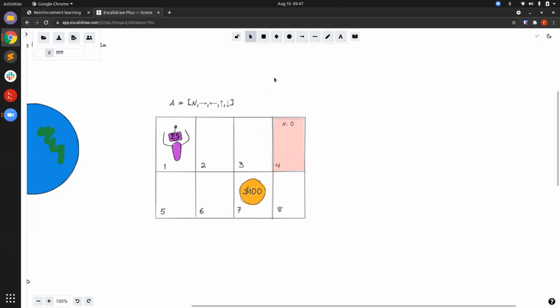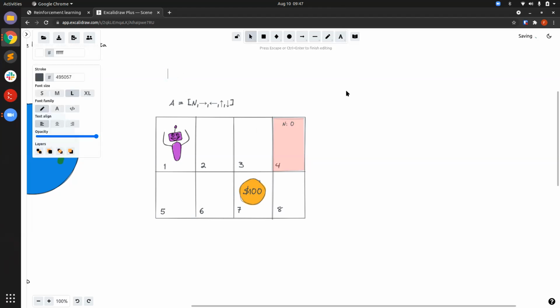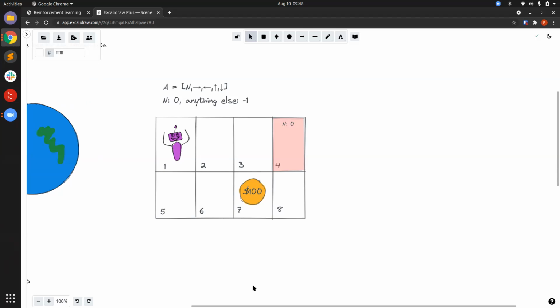So if we only care about current rewards, well, if we do nothing, we get 0 reward. If we do anything else, we get -1 reward. So if we discount future rewards completely, then our best action here is to do nothing. So we really need to consider the future because a long-sighted policy will often do much better than a very short-sighted policy that discounts future rewards very heavily.